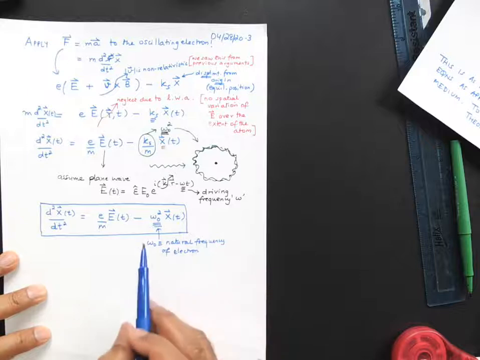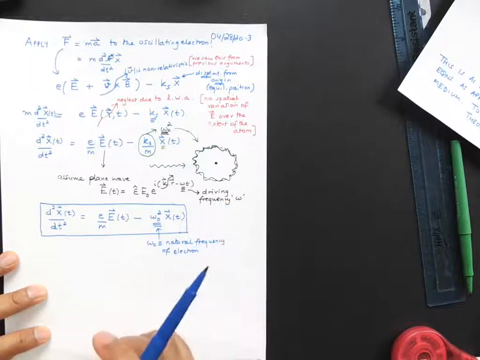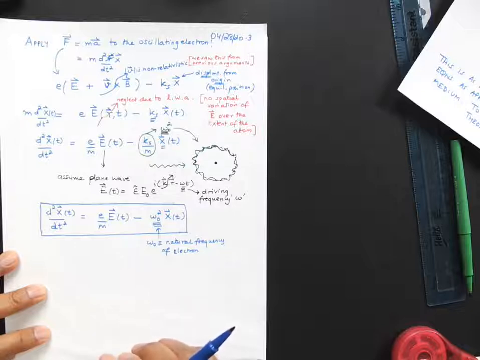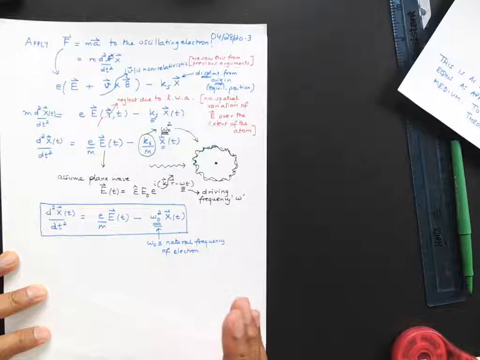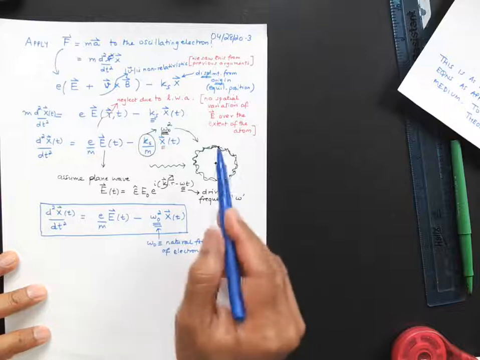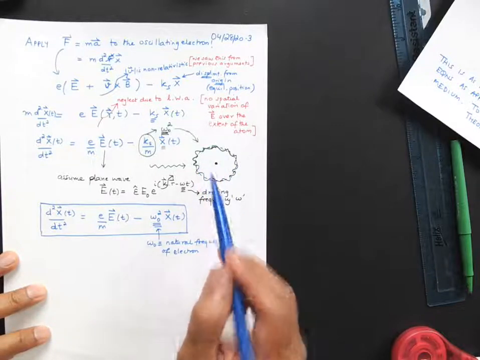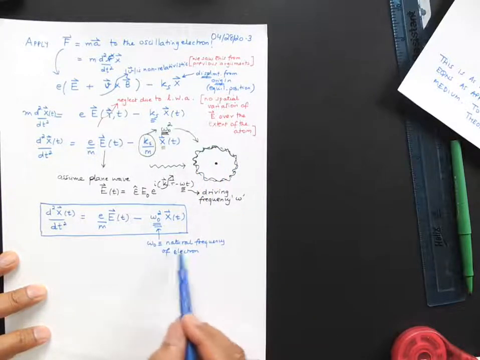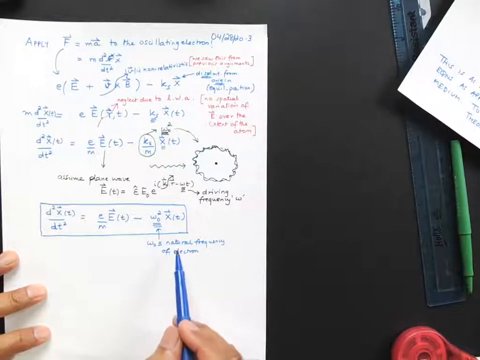That's the frequency at which, if you zap the electron with some driving pulse and let it go, then once zapped, it will ring back and forth at a frequency which is very characteristic for the electron of that element.